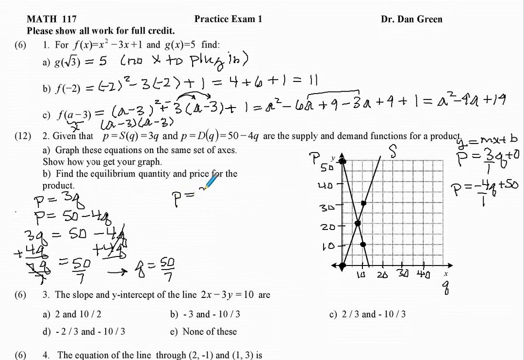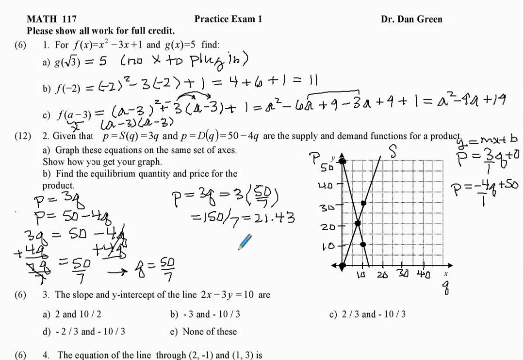So P equals 3 times Q is going to be 3 times that 50/7, which is 150/7. Or if you want, since P is our price here, we can write this in dollars and cents, and if you do that division on your calculator, round to the nearest penny, 21.43.